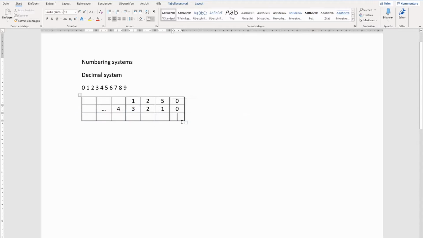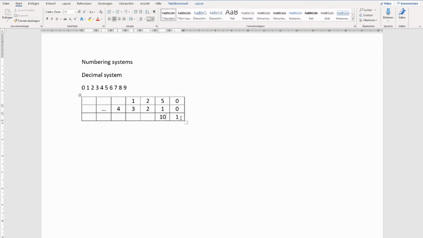So how much worth is one digit at this position? 1. Every time I count here 1 up, it's 1 more. How much worth is a count at this position? It's 10.